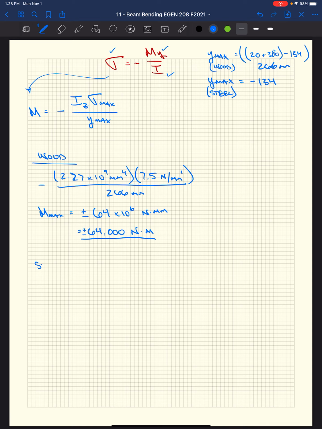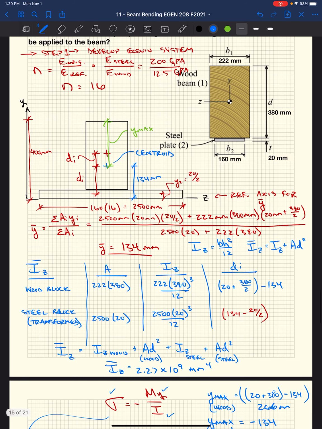If we look at steel, this is our material that we switched, right? We changed it into a reference material. We changed to wood. And so our transformed section parameters affect our stresses in our wood section, right? So we actually have to bring our stresses back to what it would be like in our real cross section.